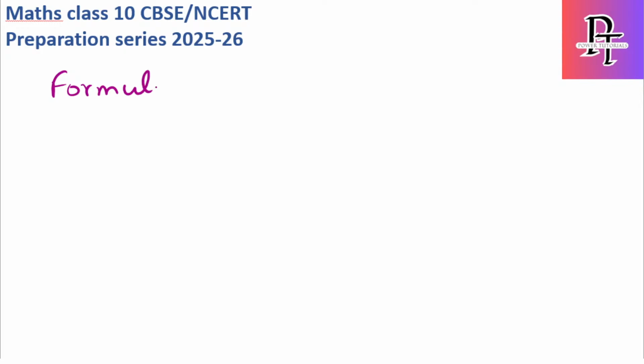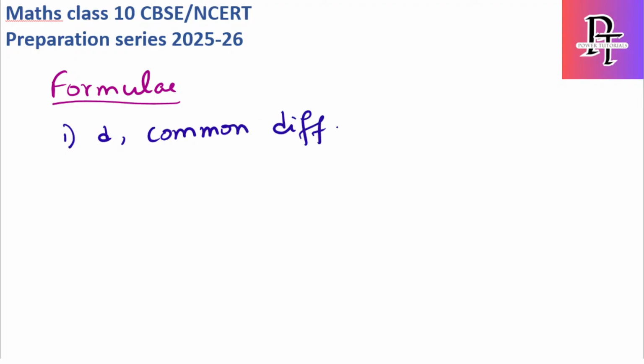The first one is D, which is the common difference. In an AP series, we have a series of values.